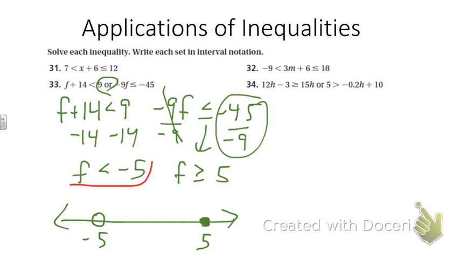So f is less than -5, so it's everything over here. And then it's greater than or equal to 5. If this is an OR problem, my final answer would be both of these things together. If this was an AND problem, my final answer would be nothing. It's no solution.